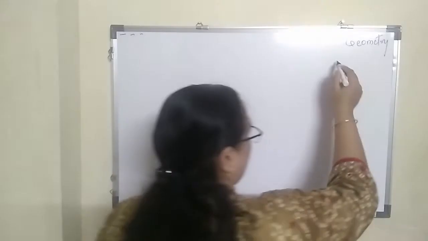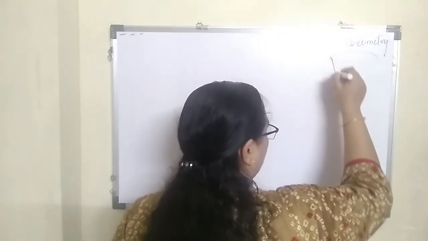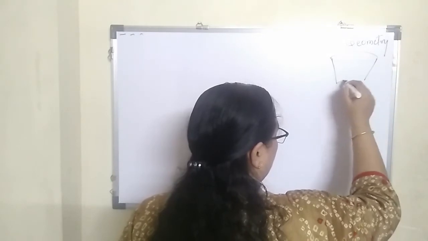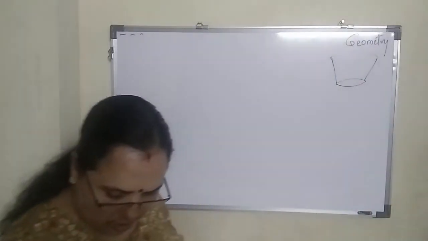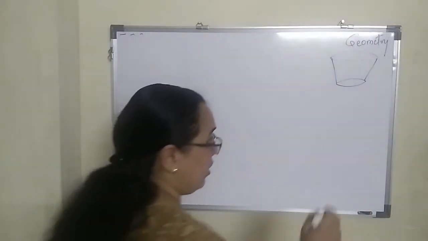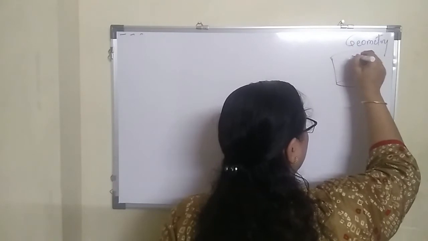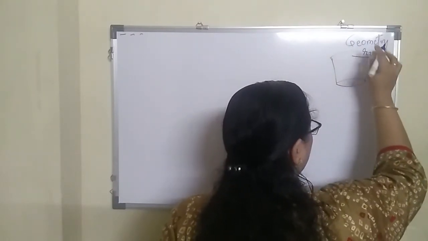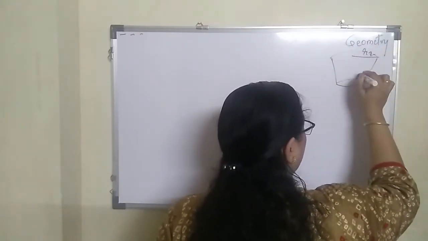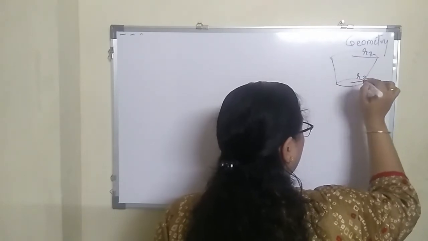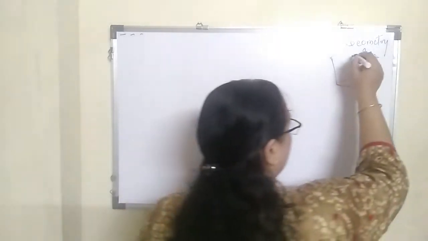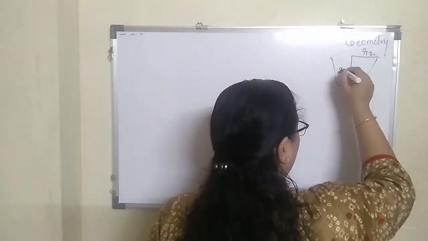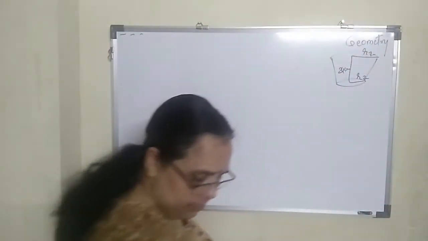Here also you can see there is a bucket type, but it is a frustum of a cone. What is given here is R1 and R2, and the height between them is 24 centimeter.